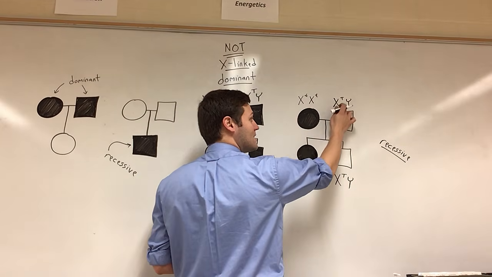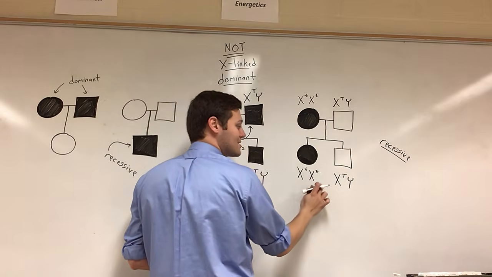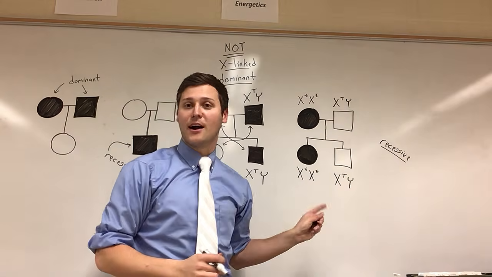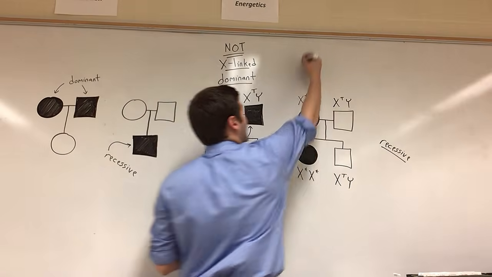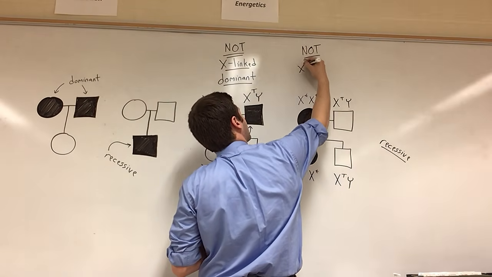And an X big T, Y father could not have a daughter that's X little t, because that big T is what he would pass on, not the Y. So in this case, it is not X-linked recessive.